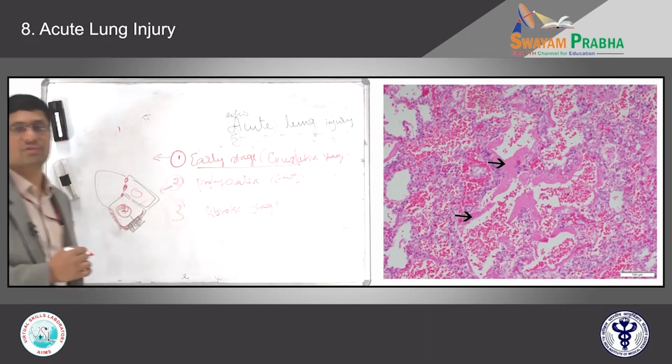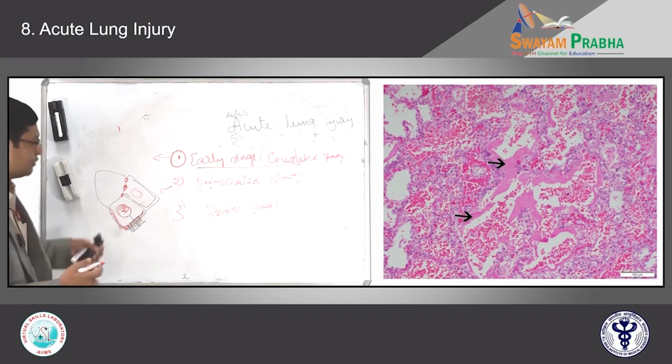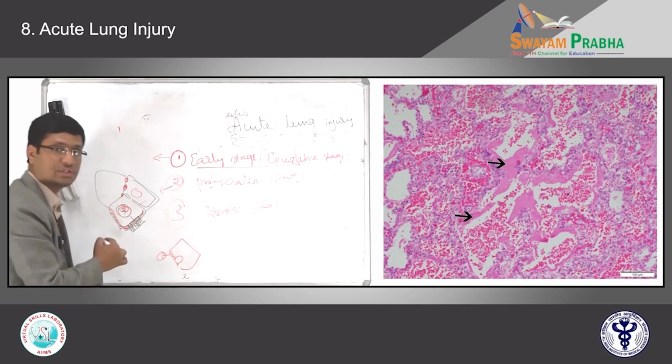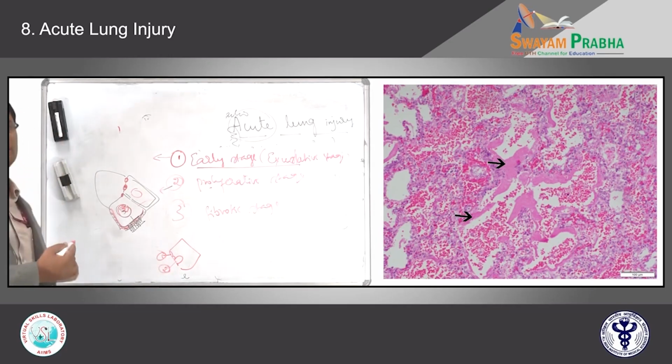What happens in the proliferative stage? This gradually starts reabsorbing. All of you know that in alveoli you have two types of cells. Alveolar type 1 cells are more sensitive to any kind of injury. Type 2 cells are a little bit resistant to injury.